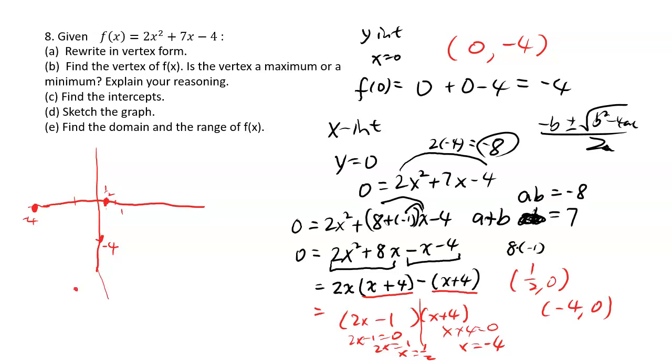Something like negative 10. Okay, so this point here is negative 7 over 4, comma, negative 81 over 8. That's what we figured out. And then you pass through these 4 points. That's the graph. Make sure that this is the vertex. Okay, so that's the graph.